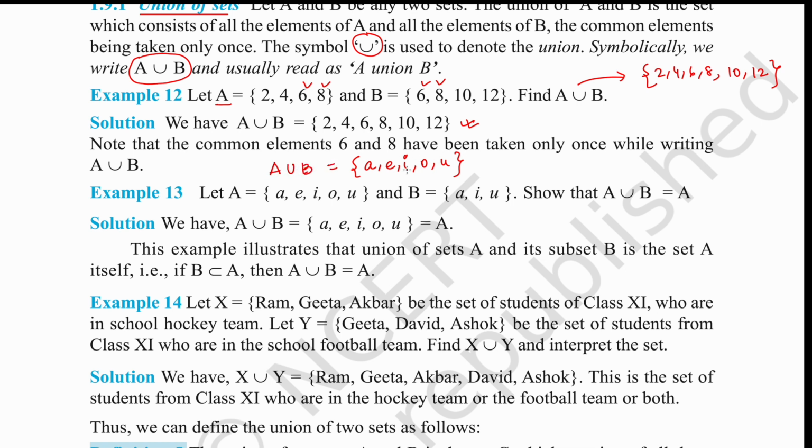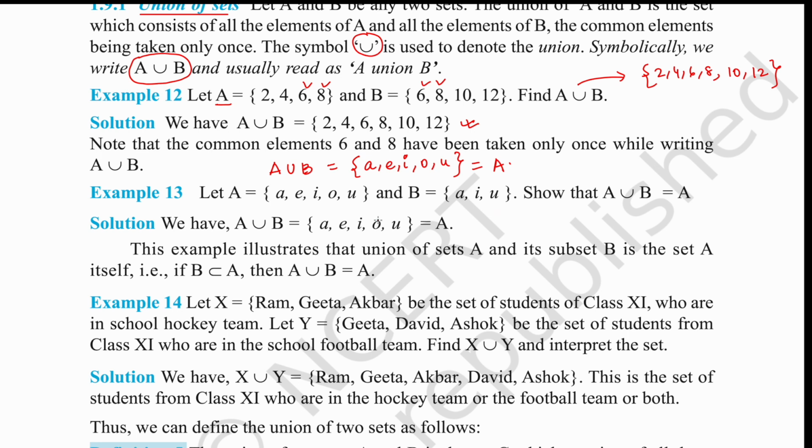But if you try to see, this A union B is nothing but the set A itself, right? So this is nothing but the set A. Now, what exactly are we trying to infer from this case?